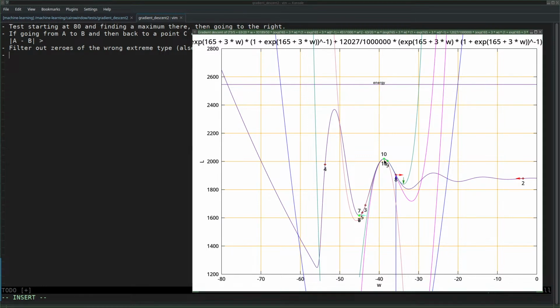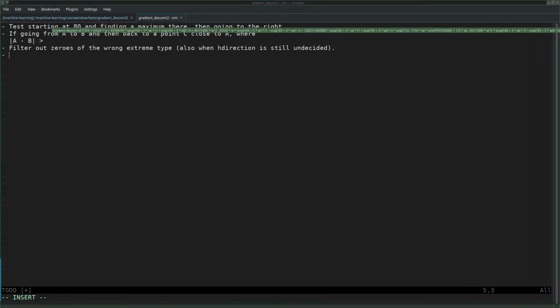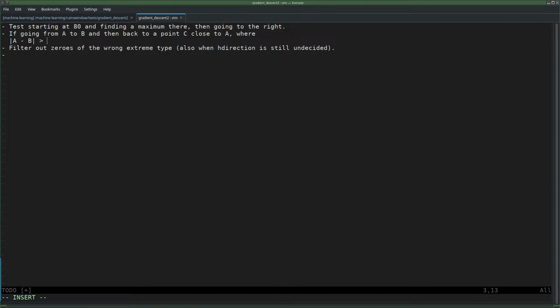It's also very fast, I must say. Preliminary: if this is larger than n times a minus c, then jump to a plus m times c minus a.